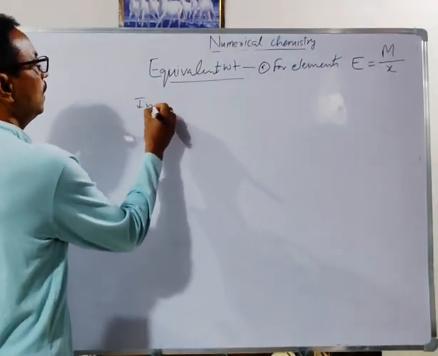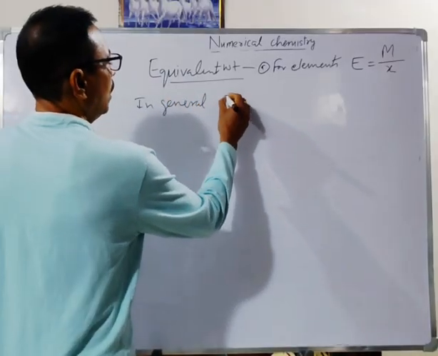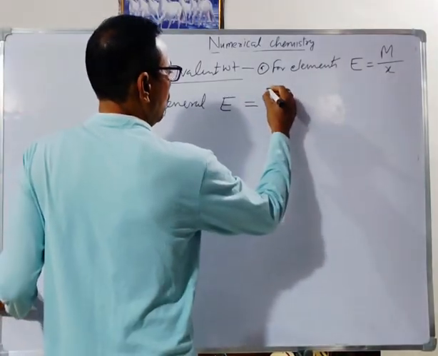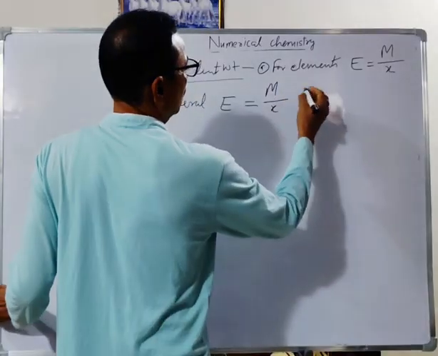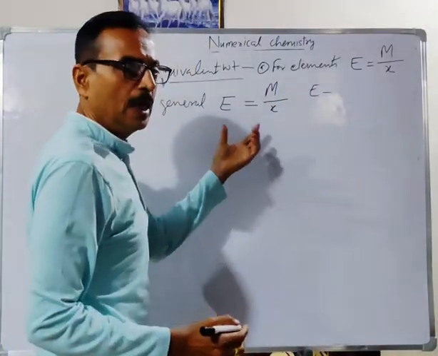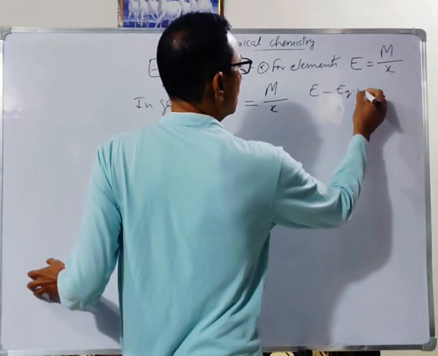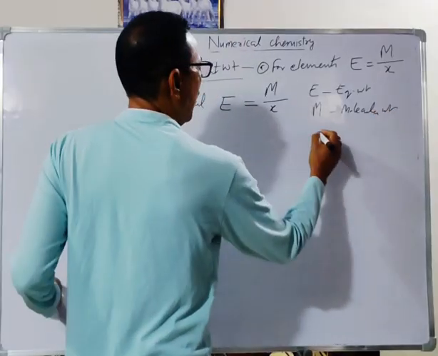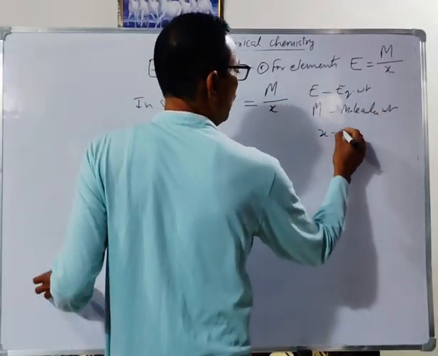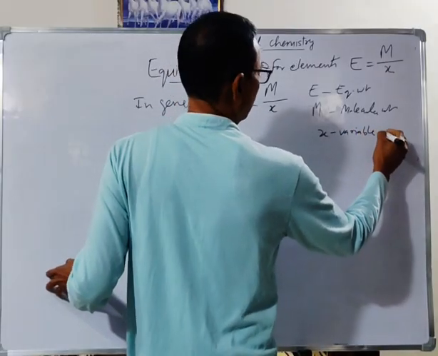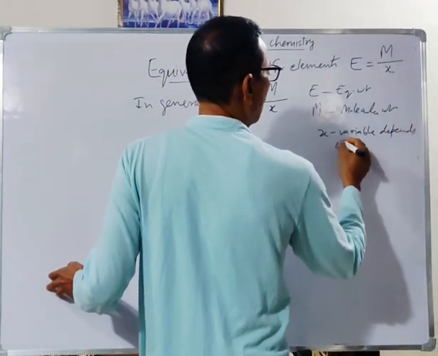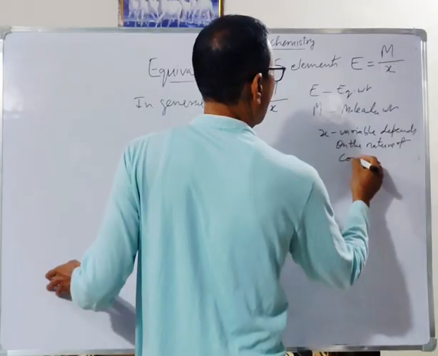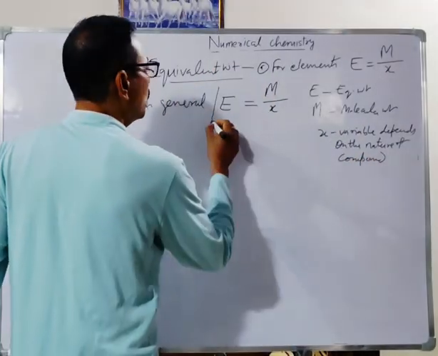In general, equivalent weight is written as E, defined as molecular weight by X. E is the standard notation for equivalent weight, M is molecular weight, and X is a variable which depends upon the nature of the compound. So you should remember this relation.